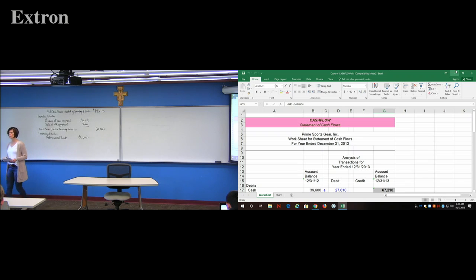Okay, another one. 2 more. We sold common stock, right? Sale of common stock. And what kind of cash flows did that generate? How much? $40,500. Okay. And lastly, what else did we do? Payment of dividends.